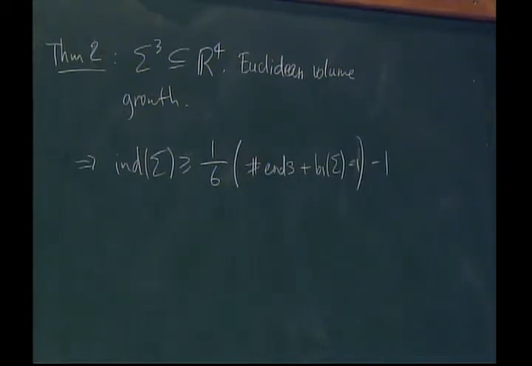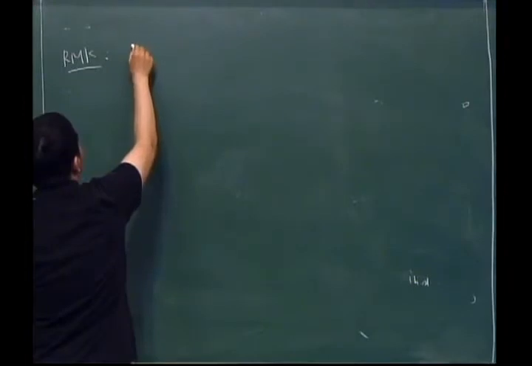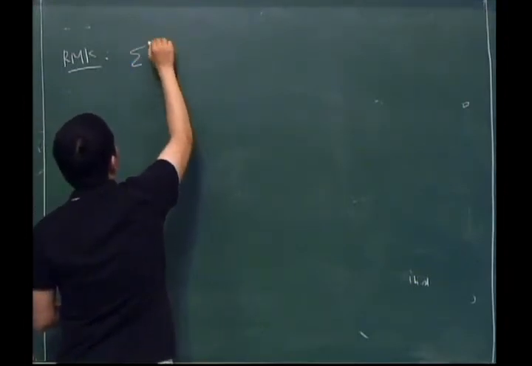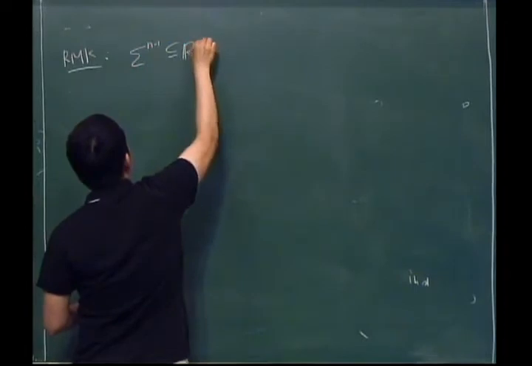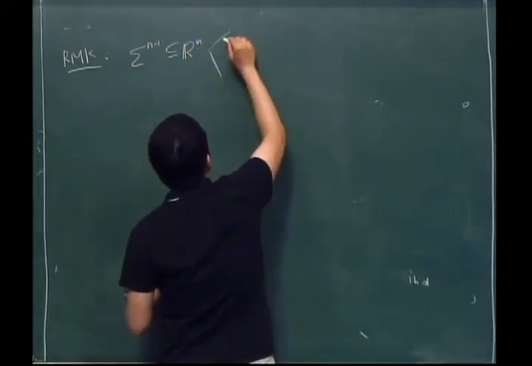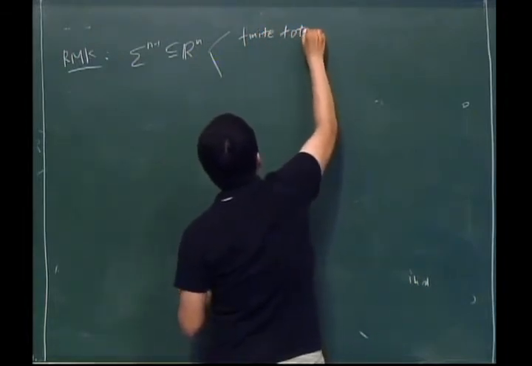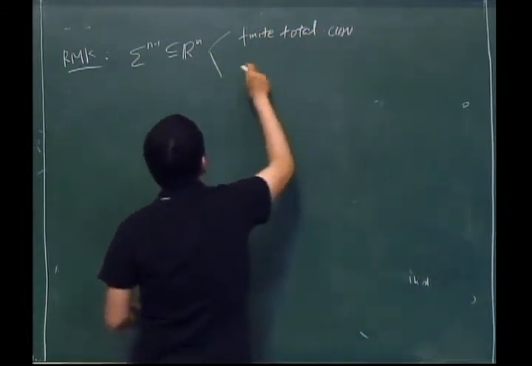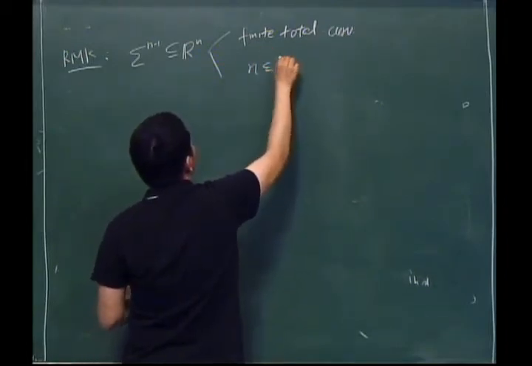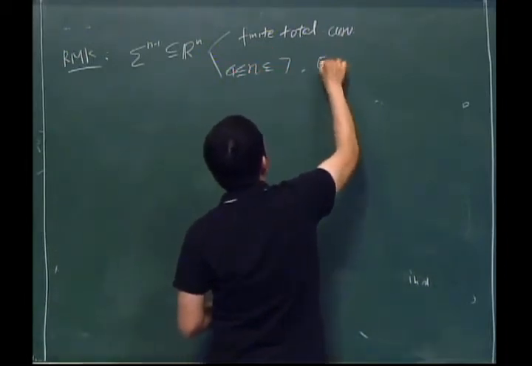So for the surfaces we consider, namely in general it has finite total curvature, or in low dimensions it has Euclidean volume growth. These surfaces have the property that, let's say, sigma n minus 1 contained in Rn has either finite total curvature, or for n from 4 to 7, Euclidean volume growth.